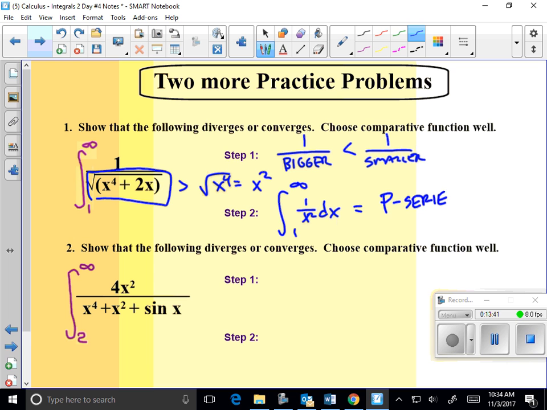P-series. So P-series tells me that the integral of 1 over x to the p dx will be convergent if p is greater than 1.